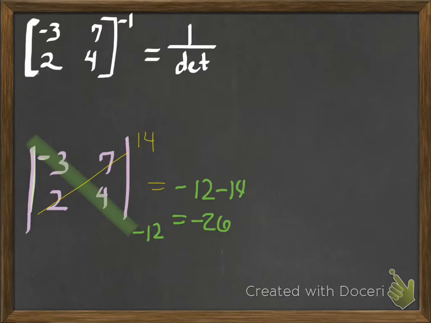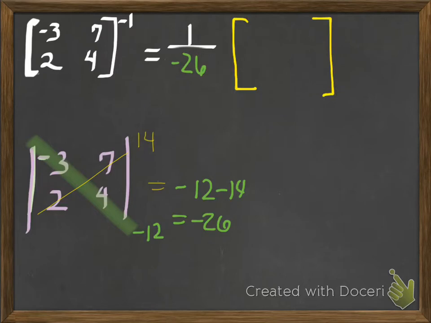And so we can replace our determinant with -26. Now, we need to find the inverse, the way the numbers are going to move around.